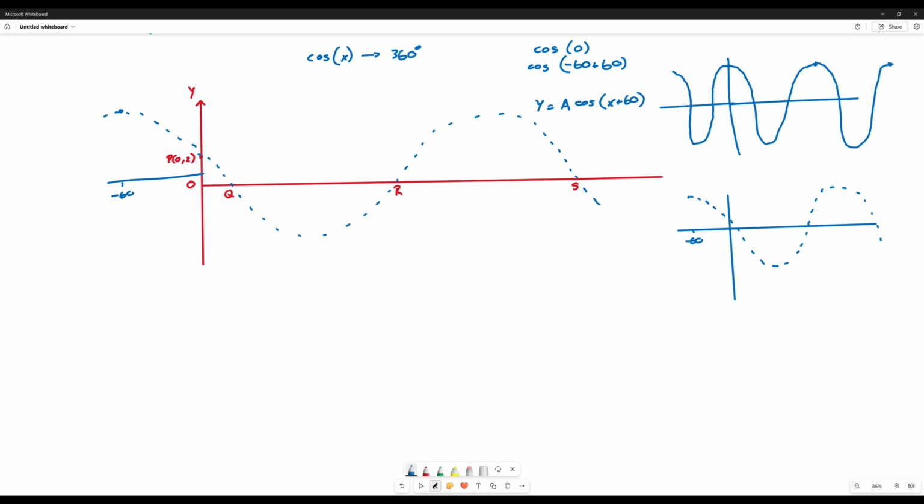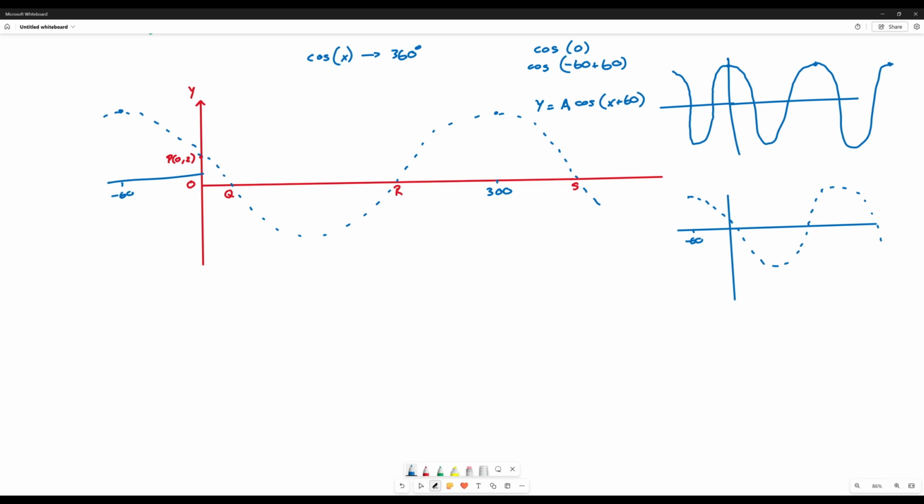So if this is minus 60, the period would end at 300 instead of at 360.